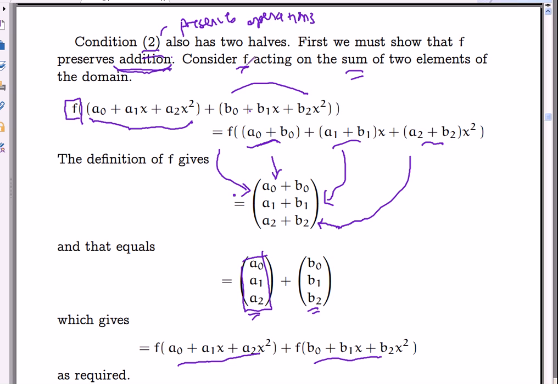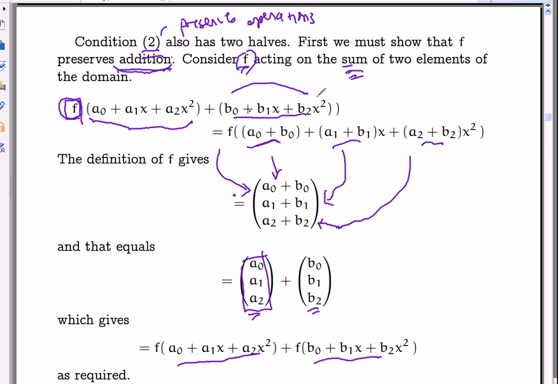Okay. So consider f acting on the sum of two elements of the domain. Here's one element, a0 plus a1x plus a2x squared. Here's the second element, b0 plus b1x plus b2x squared.